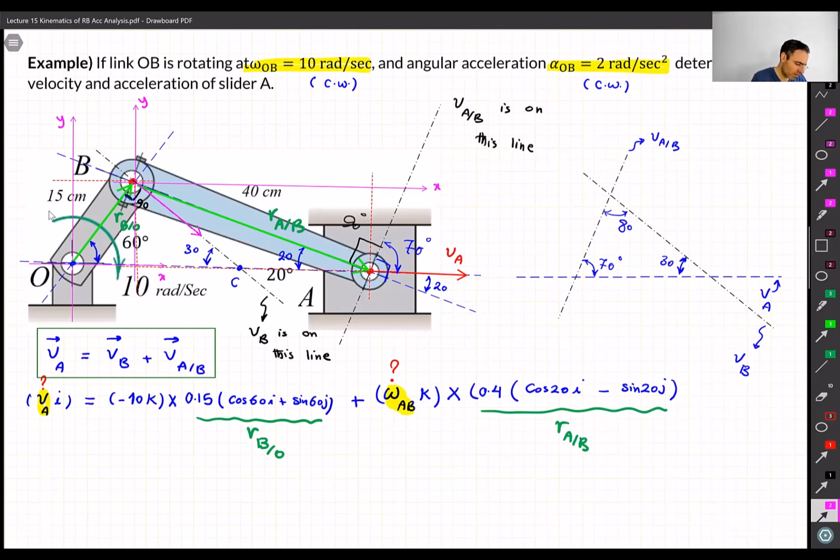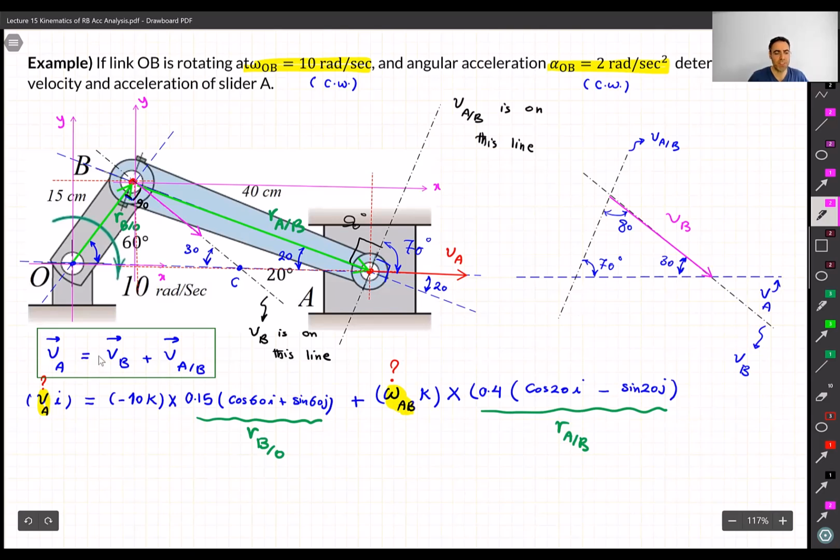So then this is VB. Where is my VB? Okay. VB has to be on these lines, and the direction, we are certain that it is coming down.